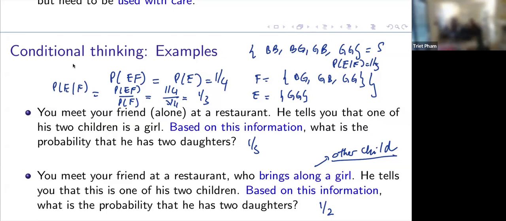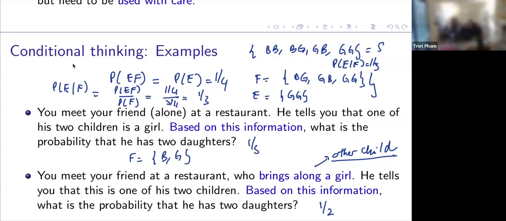When you say F is BG and GG, you're kind of saying that, right? This is an older daughter or something like that, younger daughter. That's not it. When your friend shows you this girl, then F is the event about the other child, which is just B and G. That's it.